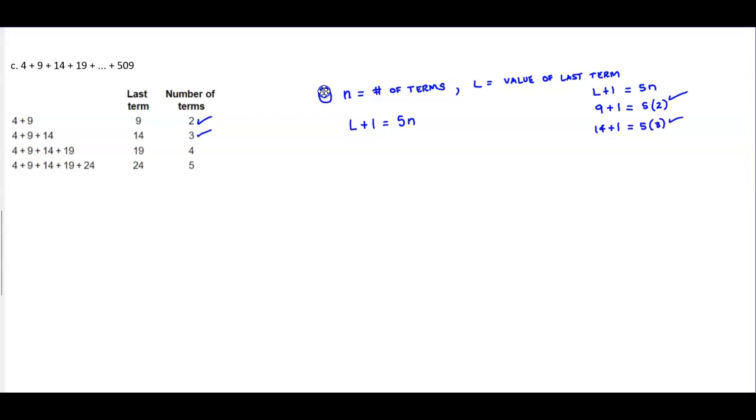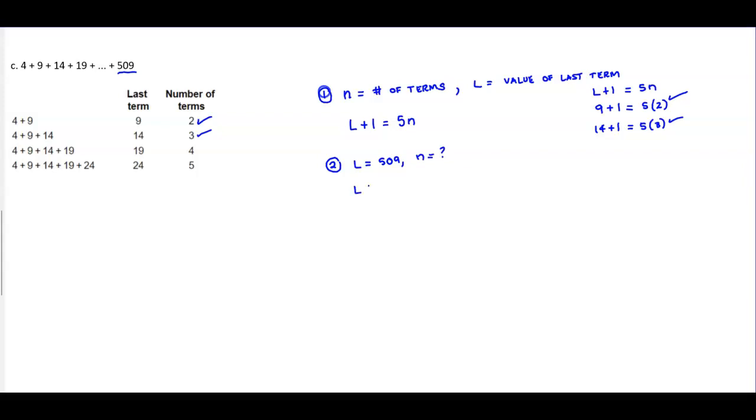Okay. Now, since the last term of the given sum in our problem is 509, we're going to substitute that to be the last term. So let's use our formula. We know that L is equal to 509. Now we want to find the number of terms.